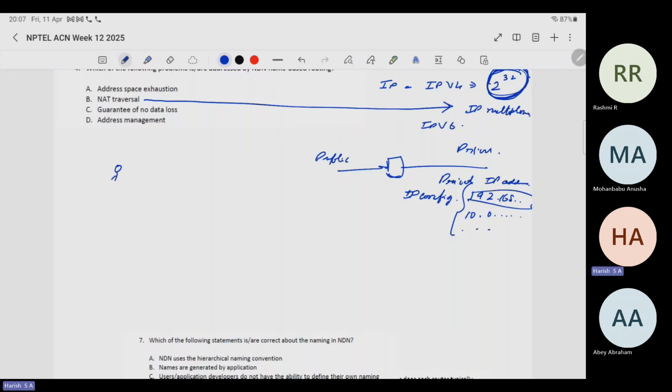Let's say this is you, and this is your friend.